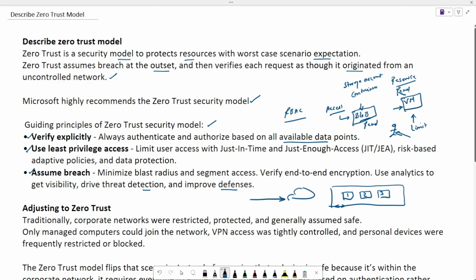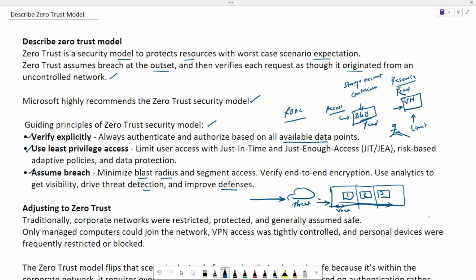Let us say there is a breach of security and a threat is detected. To control the threat, we need to minimize the blast radius. If we are able to contain this particular threat at the virtual network level, we are limiting the blast radius. So we are not allowing the threat to pass through this entire subnet. We have limited the threat at this particular virtual network level.